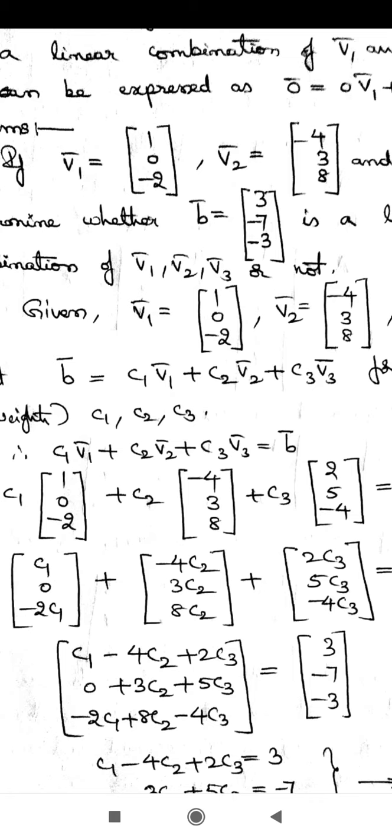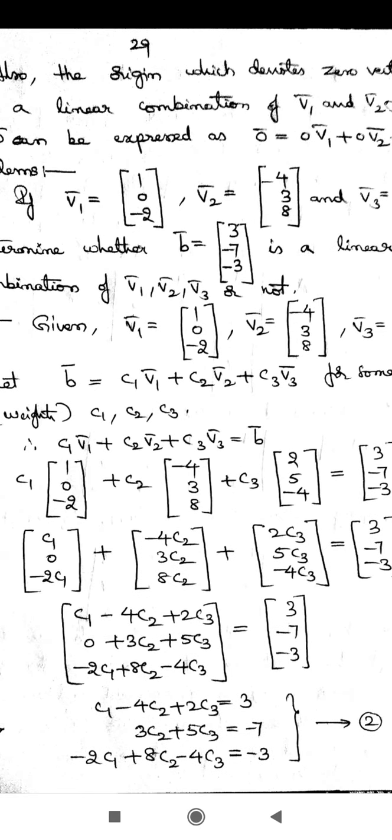So b bar is equal to c1 v1 bar plus c2 v2 bar plus c3 v3 bar. I have written b bar on the right hand side, and then substituted all the vectors v1 bar, v2 bar, v3 bar, which are given in numbers in the problem.